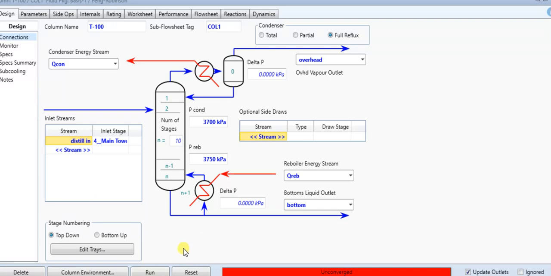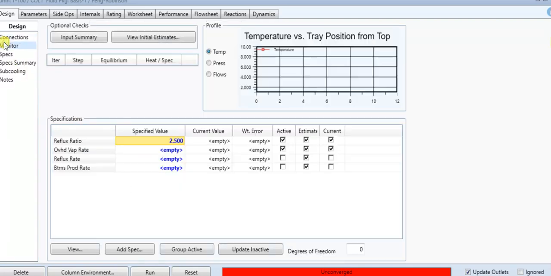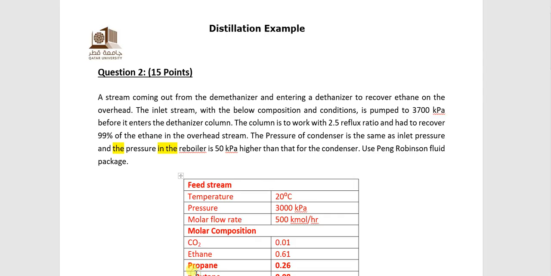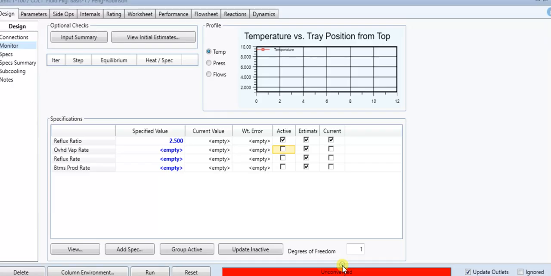Okay, and if you look at the monitor, this one is not given, right? The reflux ratio is given. Now we can see the degree of freedom is 1, which means we need one more piece of information, which is given as column component recovery: 99% of ethane goes in the overhead product. So we need to add the spec.